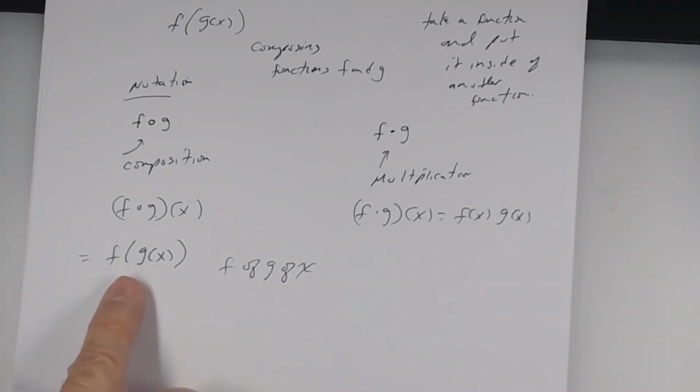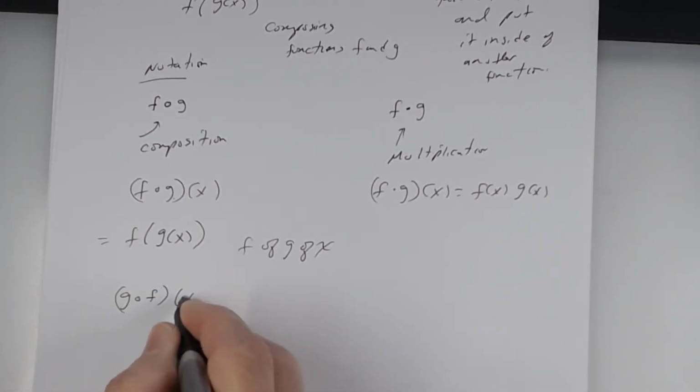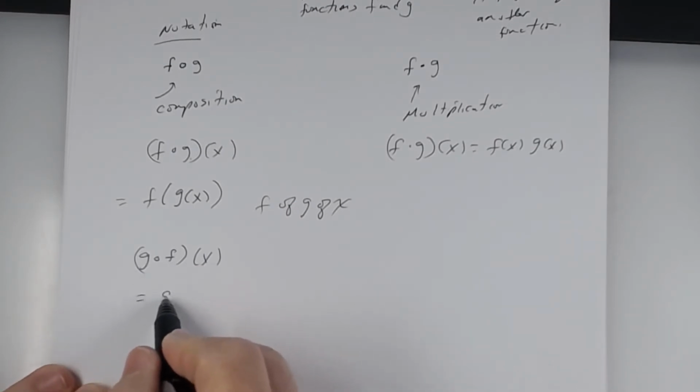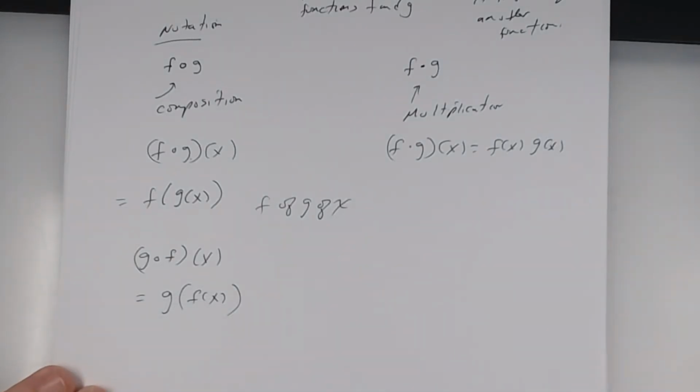F of G of X. If I had it the other way around, then that would be written as what? G of F of X. Okay? All right. That's the only definition.